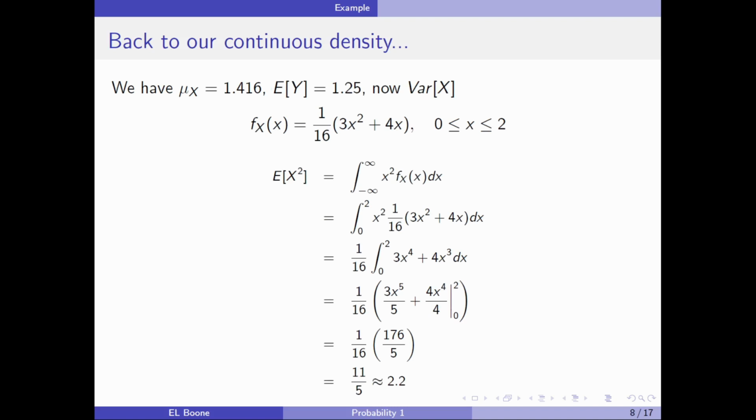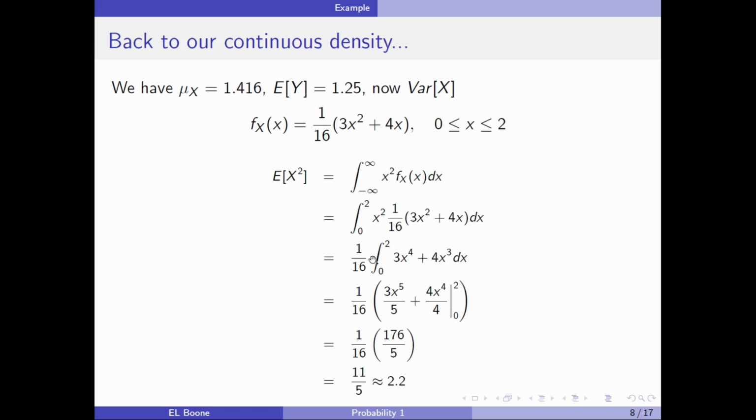All right, now we're off to get the variance of x. Now remember, we're going to use the shortcut formula, which means we have to calculate the expected value of x squared, and then we'll use the expected value of x along the way. Here we're going to put x squared in, and we're going to do basically the same thing we did before. It's just the integral from negative infinity to infinity of x squared times f of x dx.